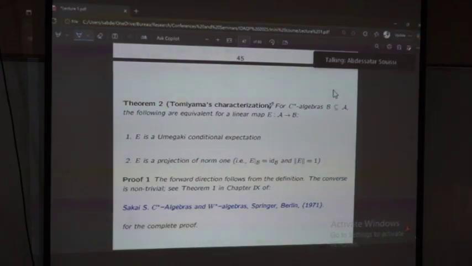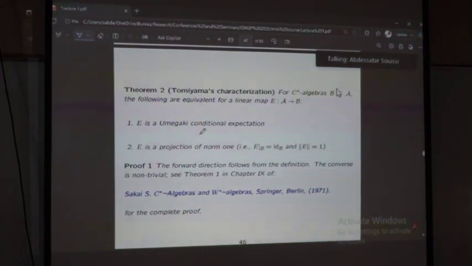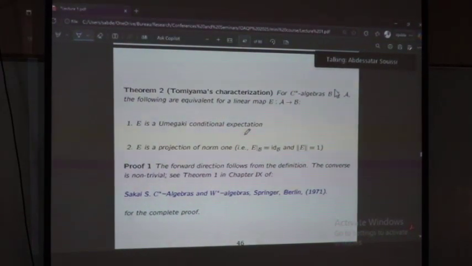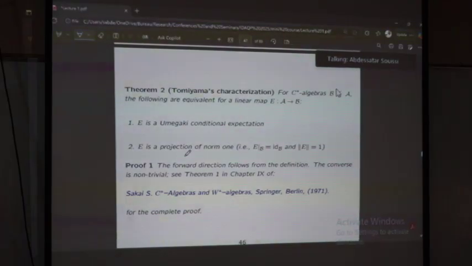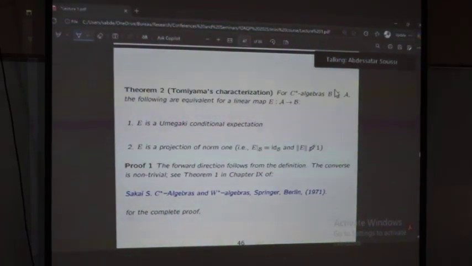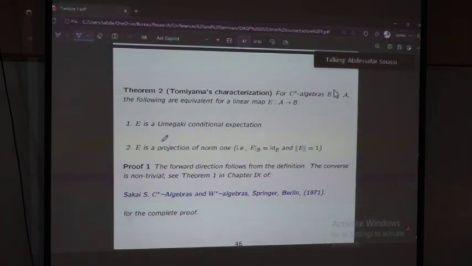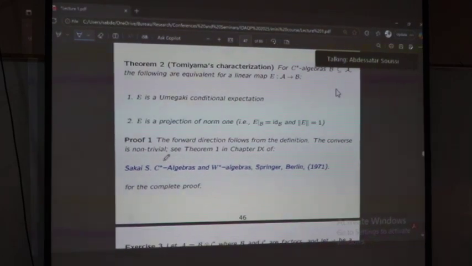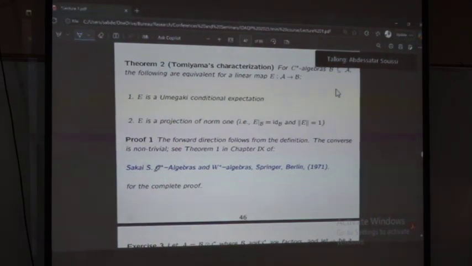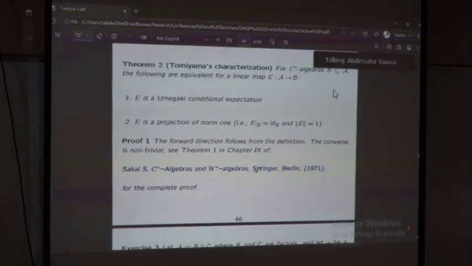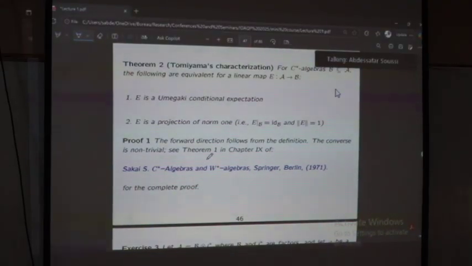Here there is equivalence between these two assertions: E is a conditional expectation, and E is a projection of norm one. For those interested, I recommend the book by Sakai, where this is detailed.